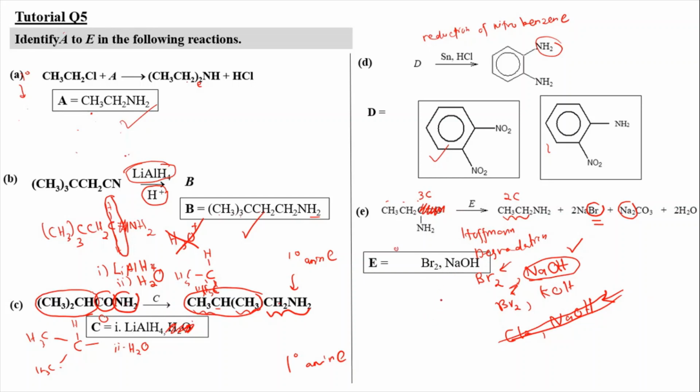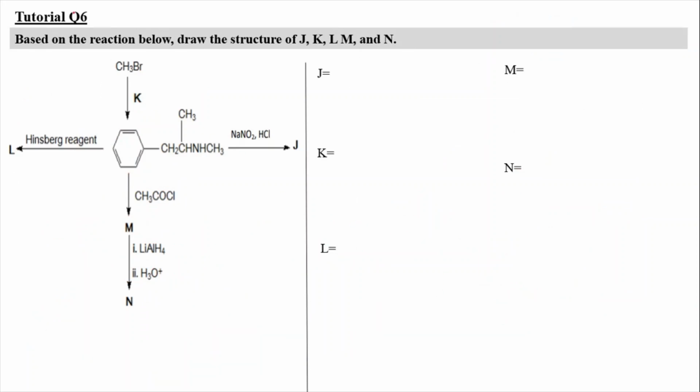Alright, now we move on to the next question, which is tutorial question 6. So based on the reaction below, we have to draw the structure of J, K, L, M, and N. Okay, so the structure J here. So this is our given structure, which is a primary or secondary amine.